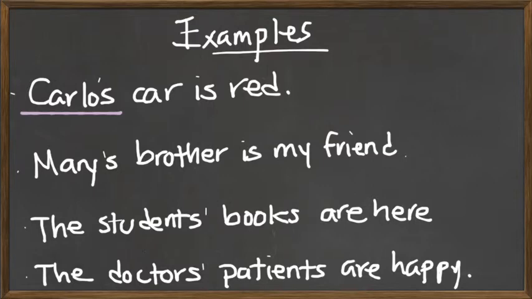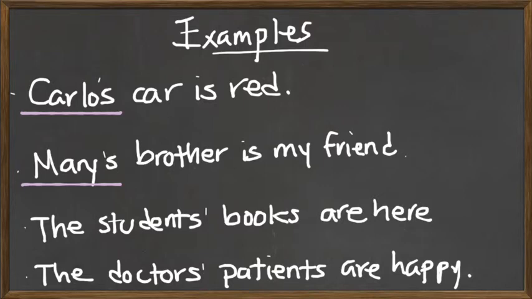In example number 2, Mary's brother is my friend. The possessive form of Mary is here, which is Mary's. And because we're talking about Mary's brother, we need to use the possessive form of Mary, which is again Mary's.